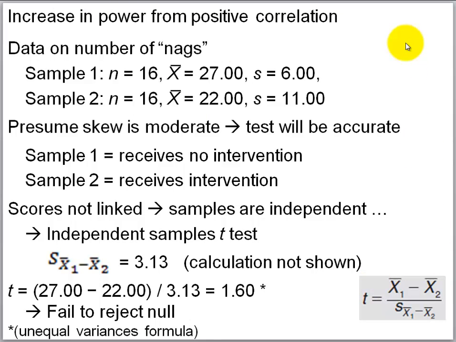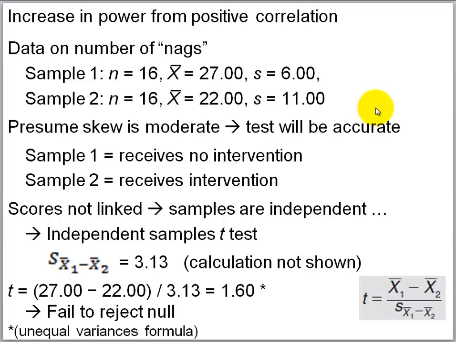So let's do an example to demonstrate the increase in power that comes from a positive correlation between pairs of scores. Now suppose that you had the data presented at the top of this slide, and let's say this data pertains to the number of times that parents nag a child.